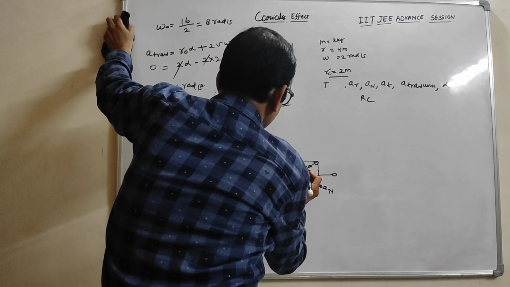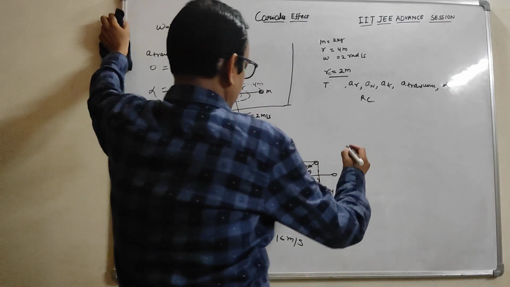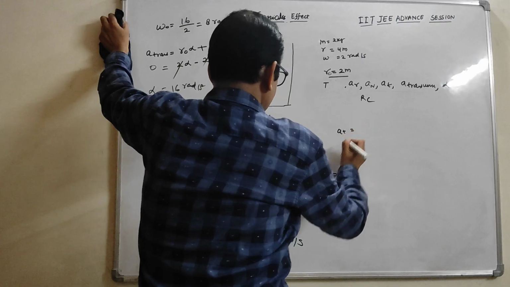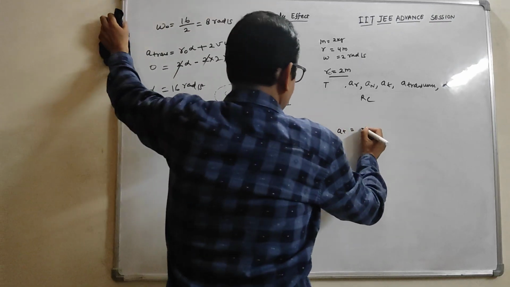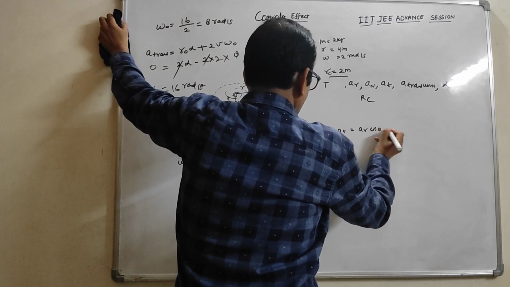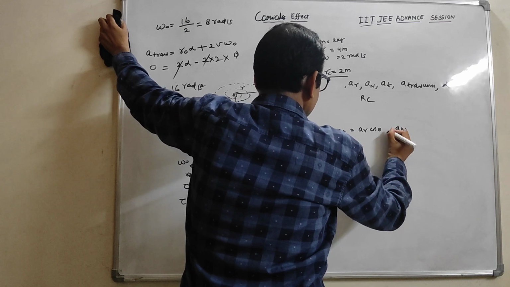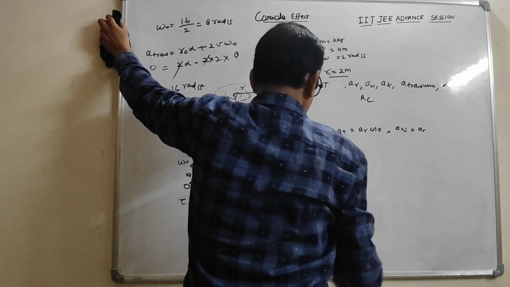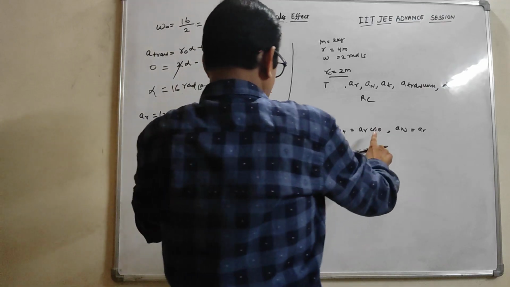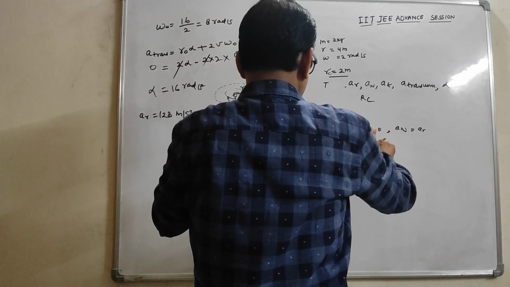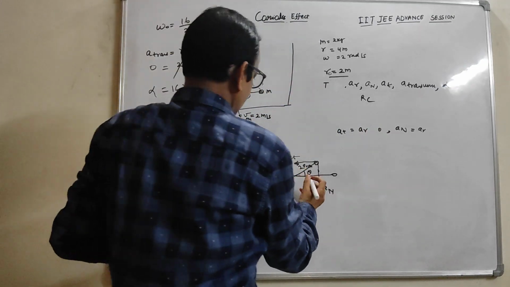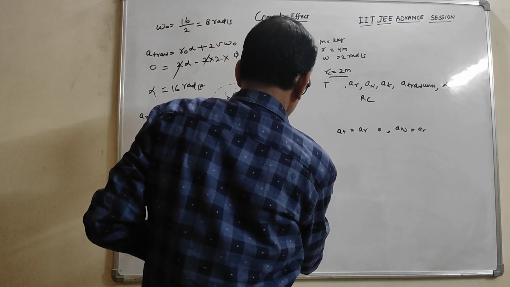So a_t would be written as a_r cos theta, and a_n would be written as a_r. a_t would be a_r sin theta. No, this angle is also theta.